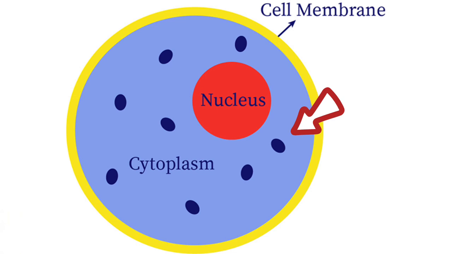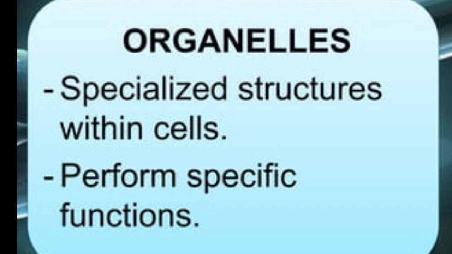These small structures are referred to as cell organelles, from the name organelles, meaning small organs. So in the cytoplasm, there are structures embedded in it called organelles. We are going to be discussing the function and structure of each organelle.